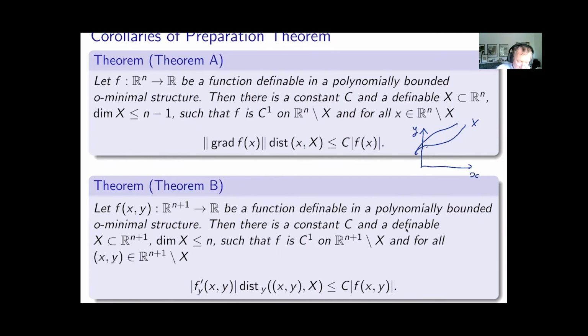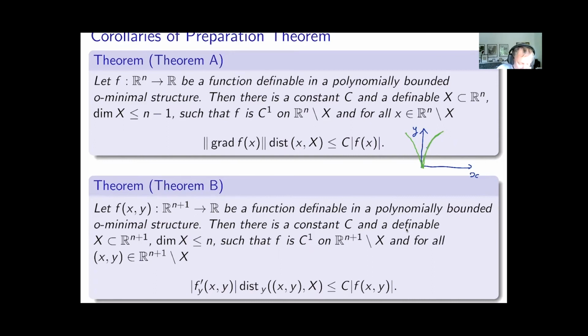Maybe let me draw a slightly different example of this X, like this.